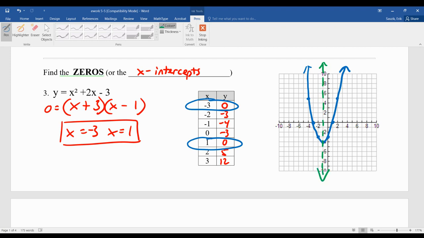And of course, you also notice if I gave you a graph that the vertex would be this -1, -4, and you see how there's symmetry about this table, okay? You see how 0, -3, -4, and then it makes the turn, -3, 0, right?